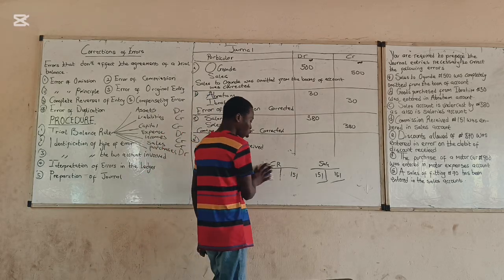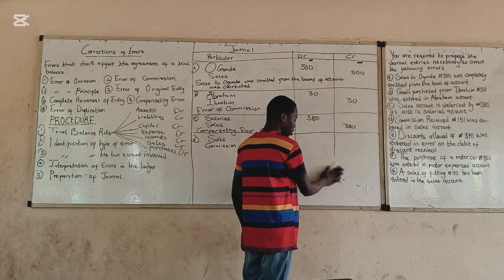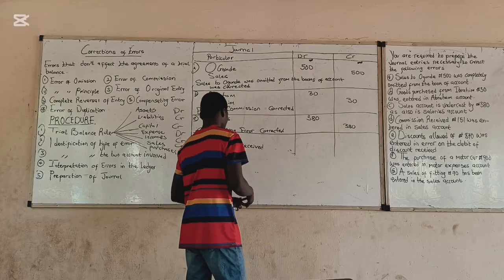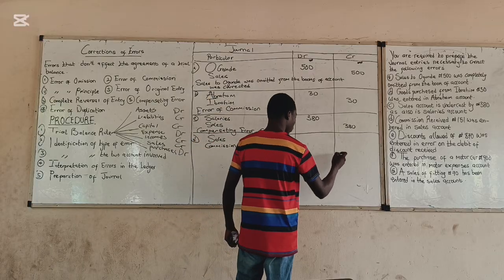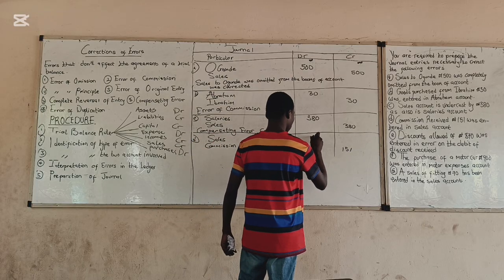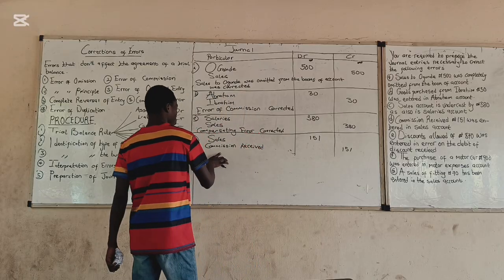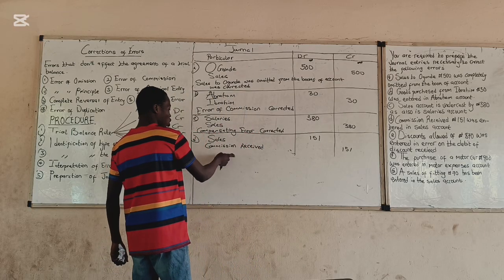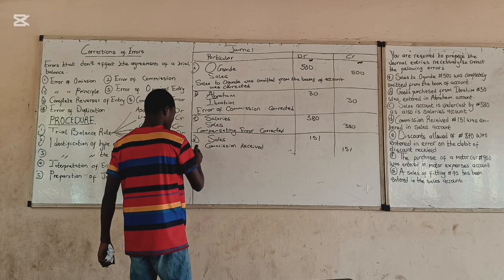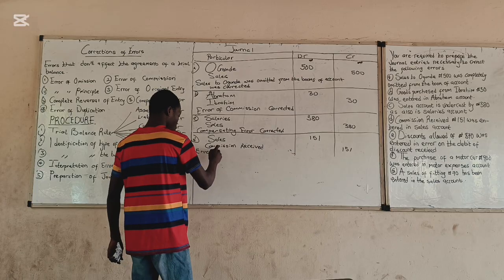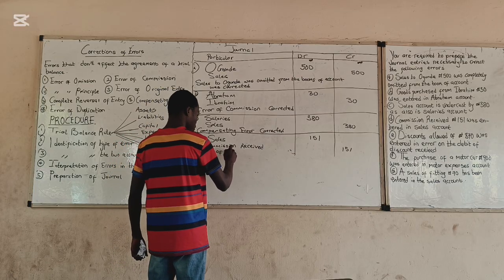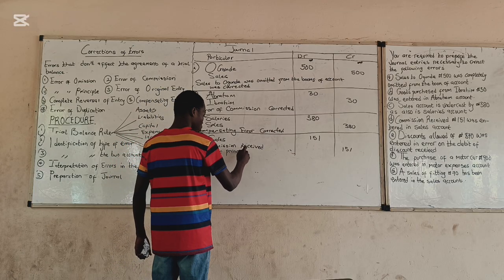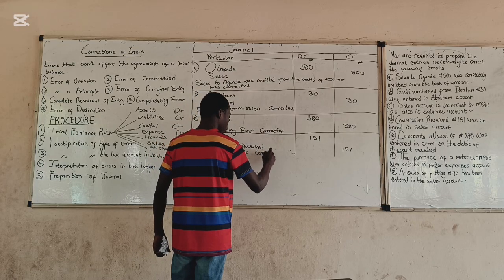So you credit commission received, then you debit sales account. So we have commission received and sales account. This is what? Error of principle. That is one class of account. Error of principle corrected.